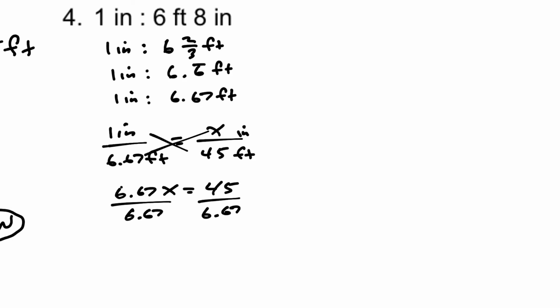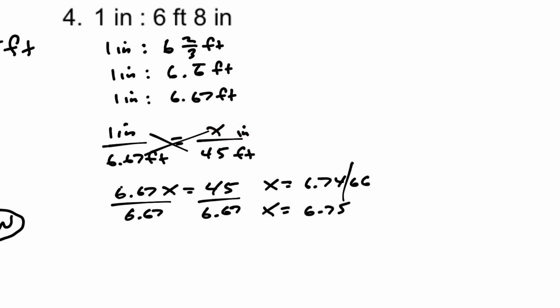I typed it in just like we got it, and we ended up with x equals, what have I got here? 6.7466. And I think I would probably round that off right there. So after that 4, I have a digit that is 5 or greater, so I'm going to round this up to 6.75.